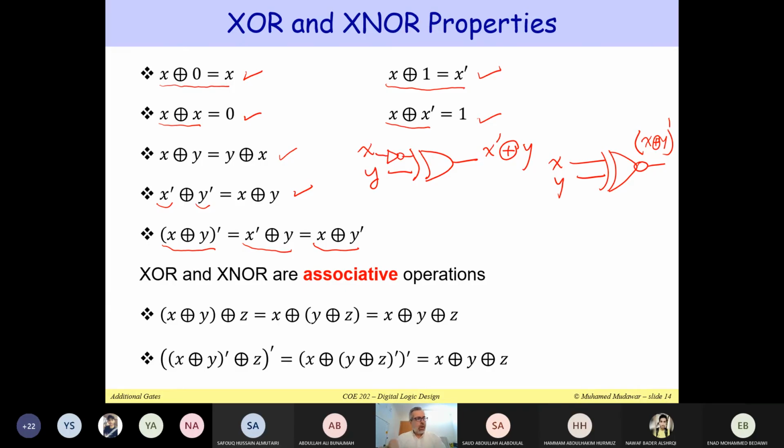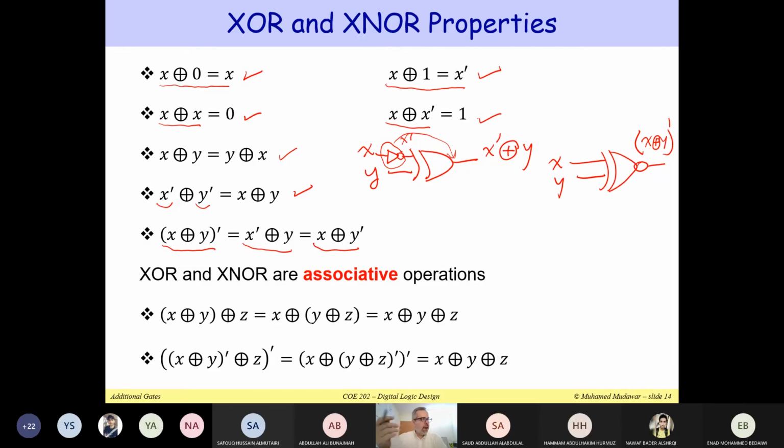So when you invert one of the inputs, so this will be X prime, you can move this inverter from the input to the output, and you can actually introduce a bubble at the output. This works for exclusive OR and for exclusive NOR. So if one of the inputs is inverted, for example X prime XOR Y, it's the same thing as replacing it with the exclusive NOR of X and Y.